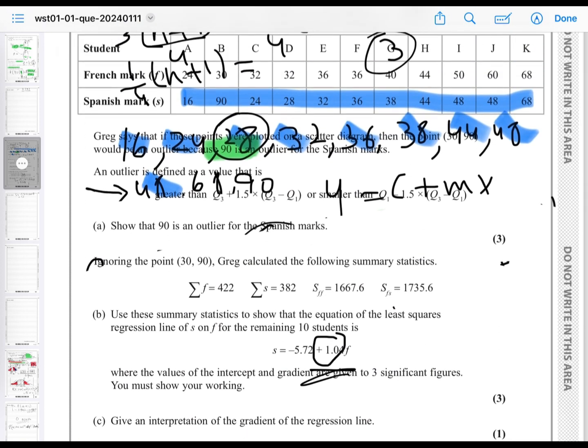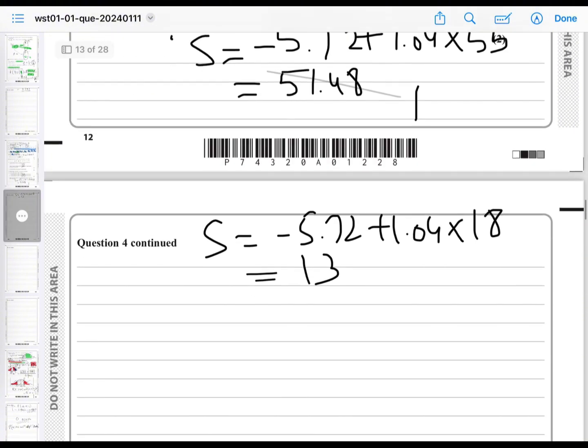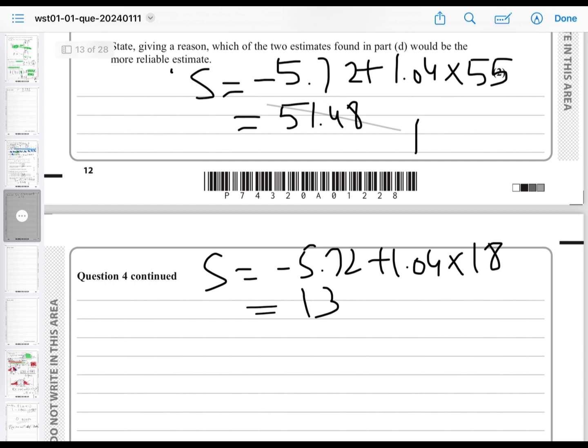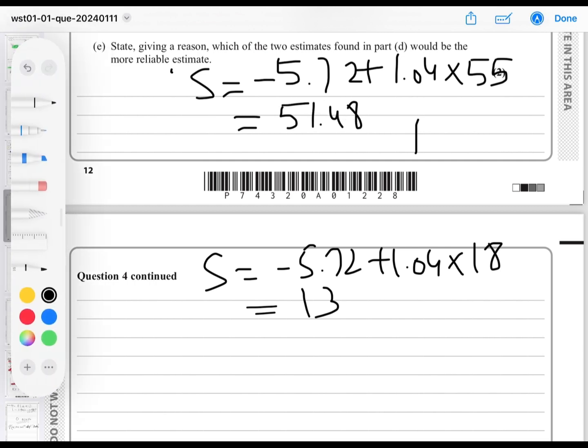You can see that it starts from 16 and ends at 90. This 51.58 lies within the range, but 13 is not in the range. So this is one of the reasons why this is more reliable, because it is within the range.